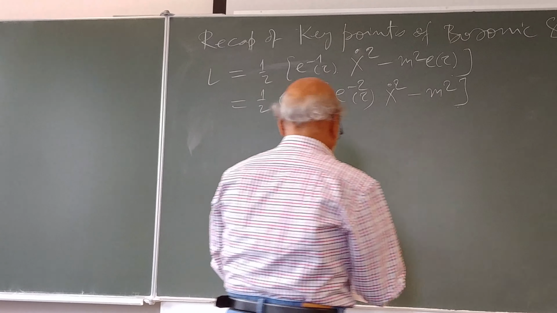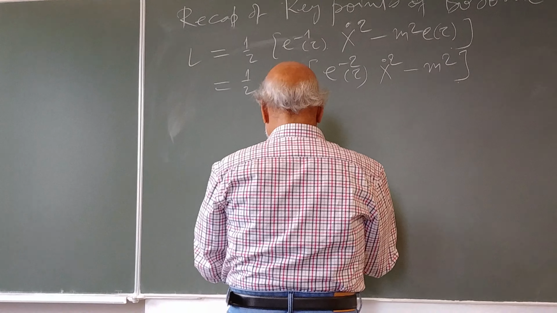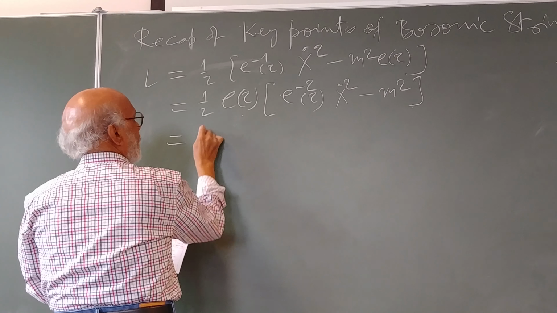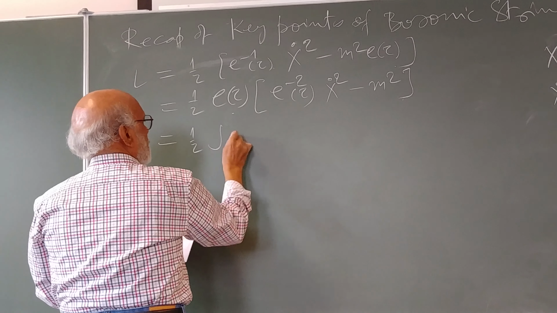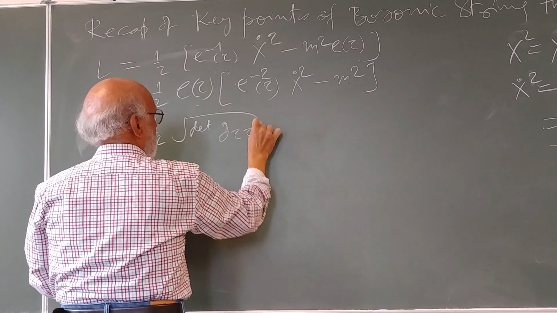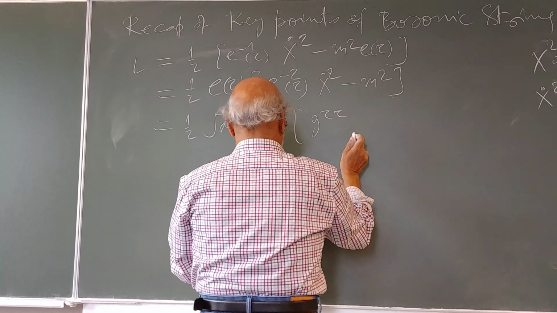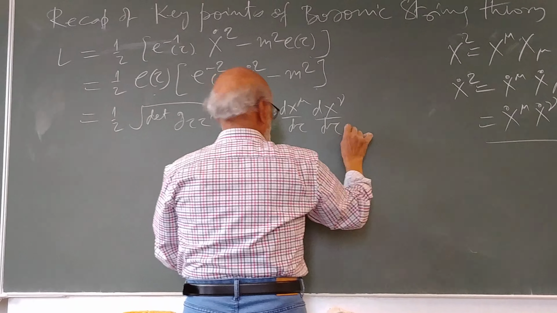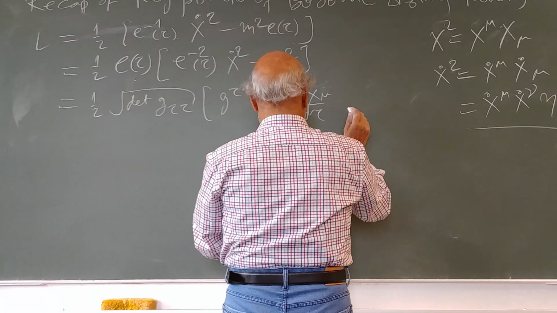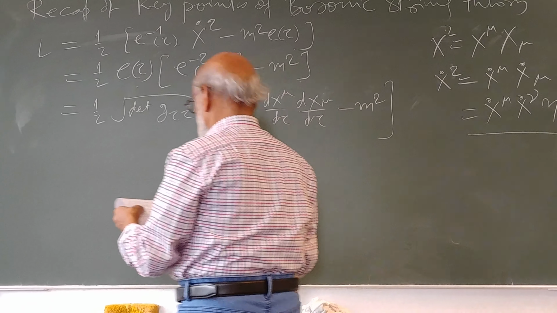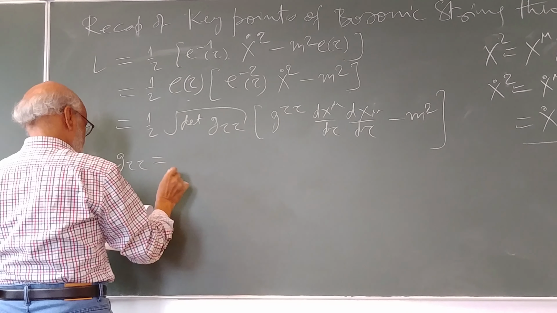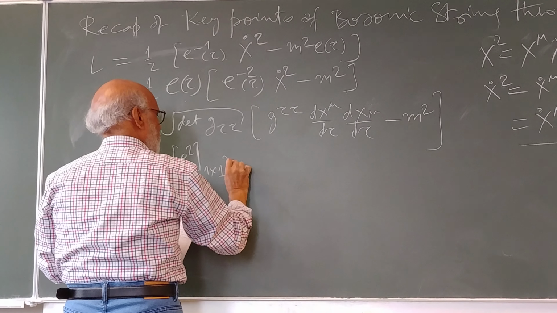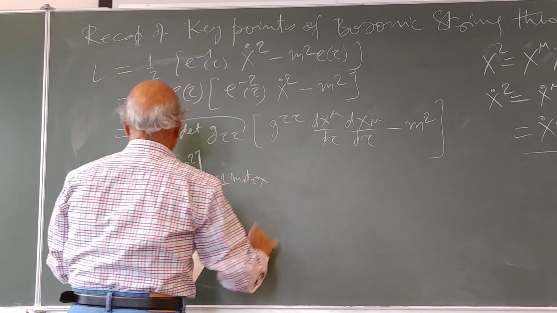If we like, we could write it as 1/2 of... so we introduce g tau as e square, a 1 by 1 matrix.